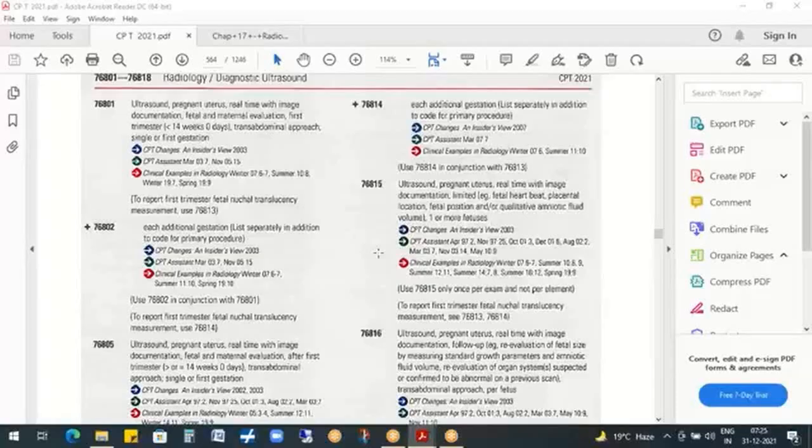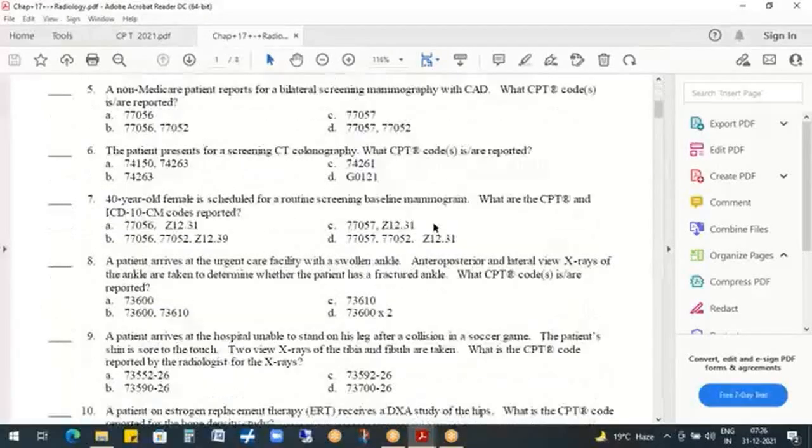Anyone in the class? What are the points we need to look for? Routine prenatal visit based on trimesters and gestations. Detailed anatomical examination. Limited fetal anatomical examination. Transnuchal measurement. Follow-up or re-evaluation.